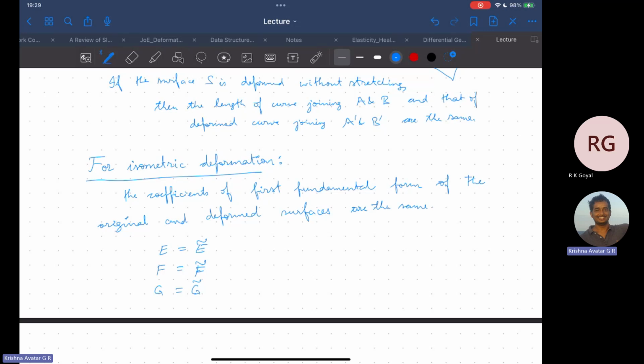But let's take some examples so that these ideas become slightly clearer. So what we'll do is I'll just pick up some example.